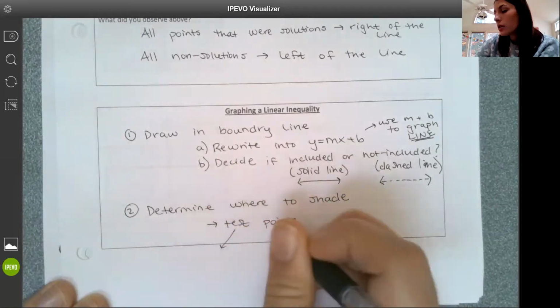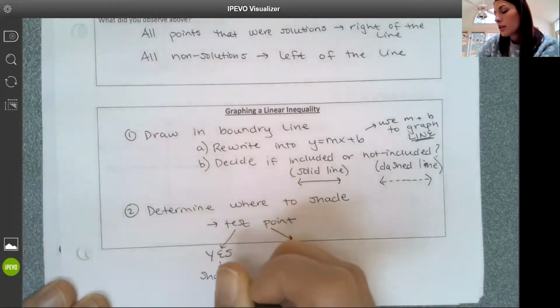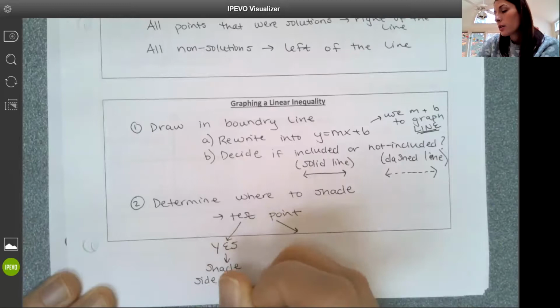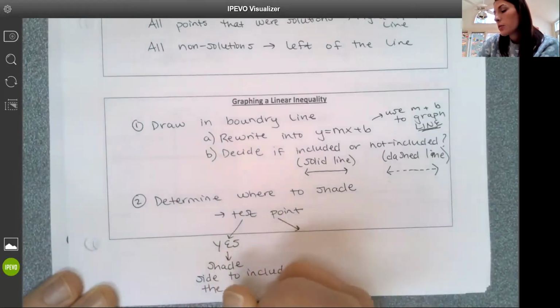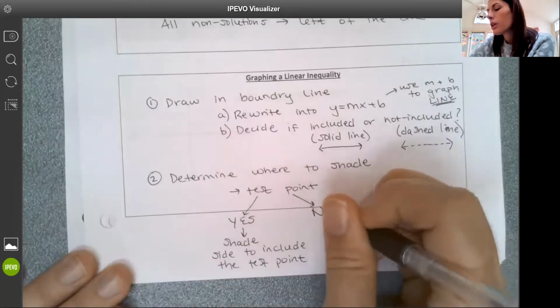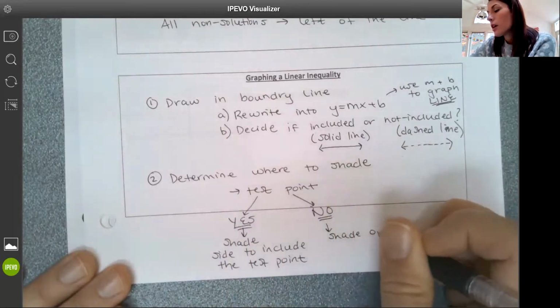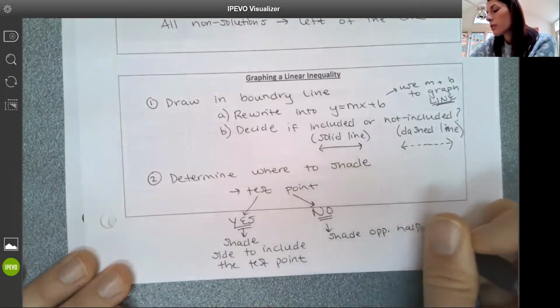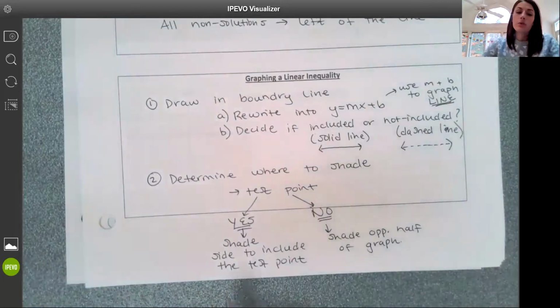If the point works, if it is a solution, then I shade the side to include the test point. If I test a point and it's a no, it's not a solution, then I shade the opposite half of the graph. And again, I know this is new content today, so we will talk about all of this as we continue to look at inequalities on the next page.